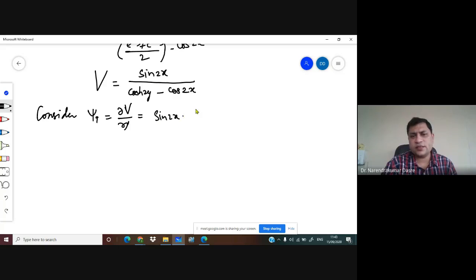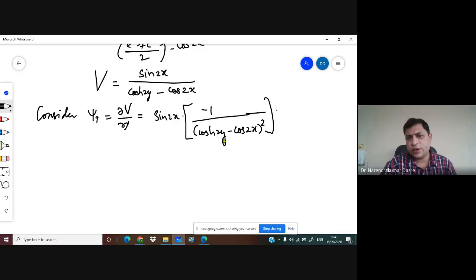Sine 2x is going to be constant, and then the derivative of 1 upon x gives minus 1 upon hyperbolic cos of 2y minus cos of 2x bracket square, and the derivative of this term is going to be 2 sine hyperbolic 2y.